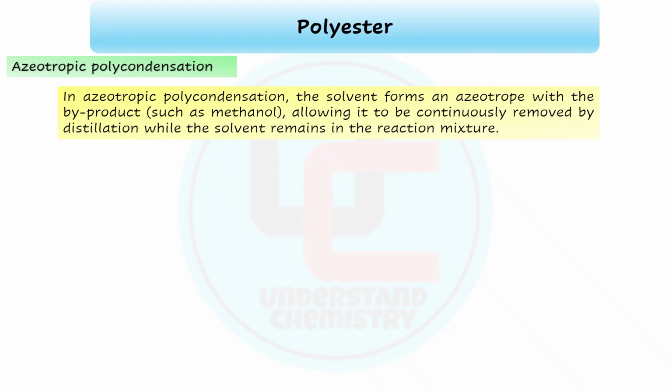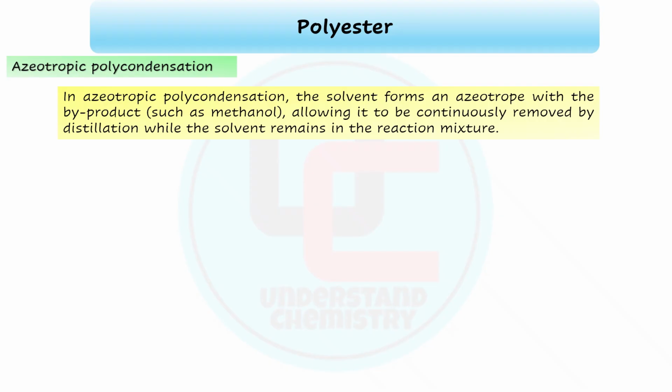This strategy helps drive the reaction to completion without sacrificing the solvent. The necessary condition for this process is that we must choose a solvent that forms an azeotropic mixture with the byproduct.